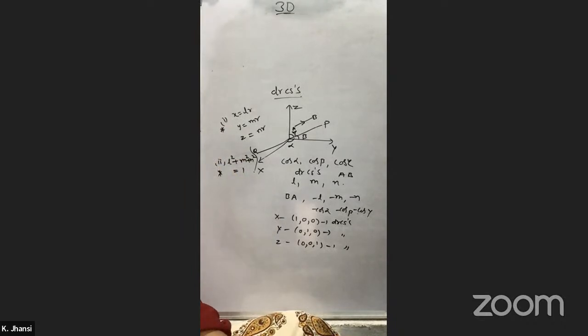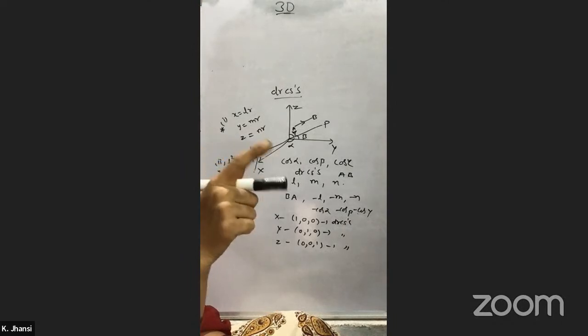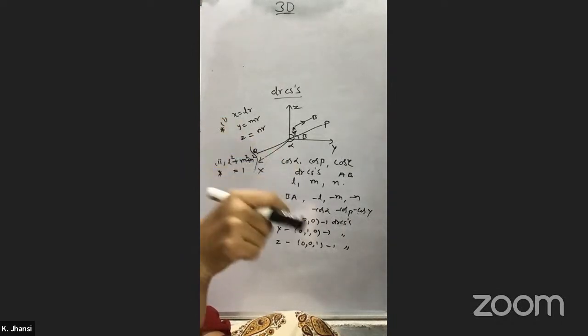On page number 18, see example 1.6.3. It is a 5 marks question you will get in the examination. Here two angles are given in the question: a line makes angles 45 degrees and 60 degrees with the positive axis. If the negative axis is mentioned in the question, you have to take negative angles, that is minus 45 degrees and minus 60 degrees.